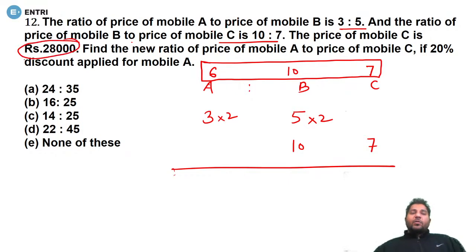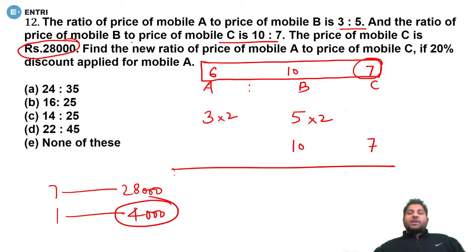Now we have the price of mobile C, which is in rupees, and in terms of ratio, 7 ratio equals 28,000. It was a costly price, must have been OnePlus or Vivo. So 1 ratio equals 4,000. Now find the new ratio of price of mobile A to price of mobile C if a 20% discount is applied for A. So the price of A: if 1 ratio equals 4,000, then 6 ratio equals 24,000.